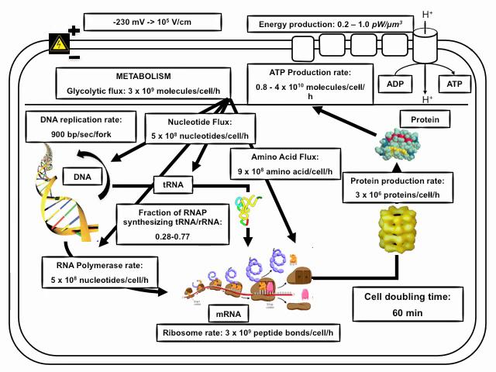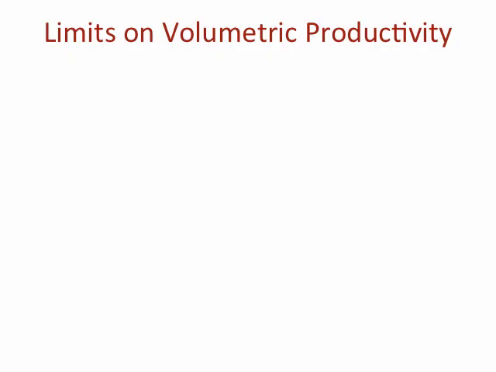So we can basically rough out, by doing order of magnitude calculations, what the flux map of a cell should look like. And this is an example of such an estimation procedure.